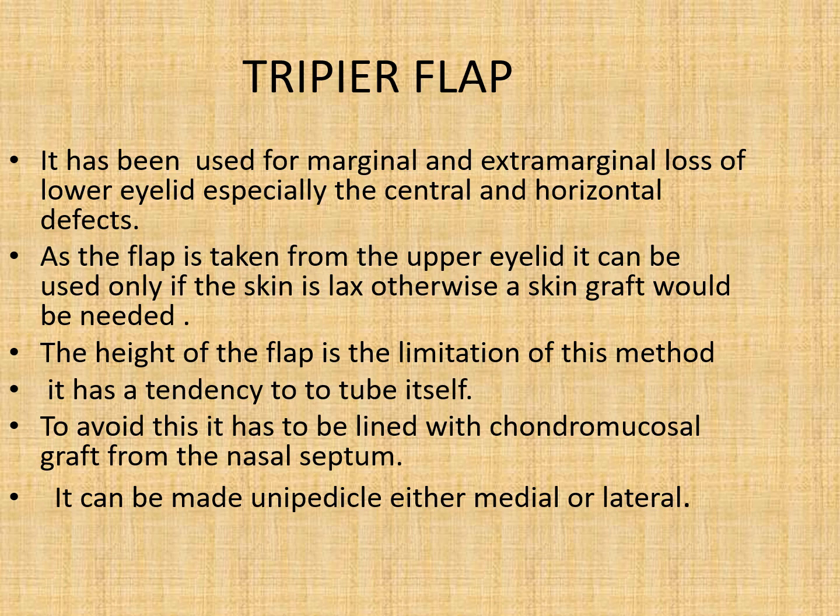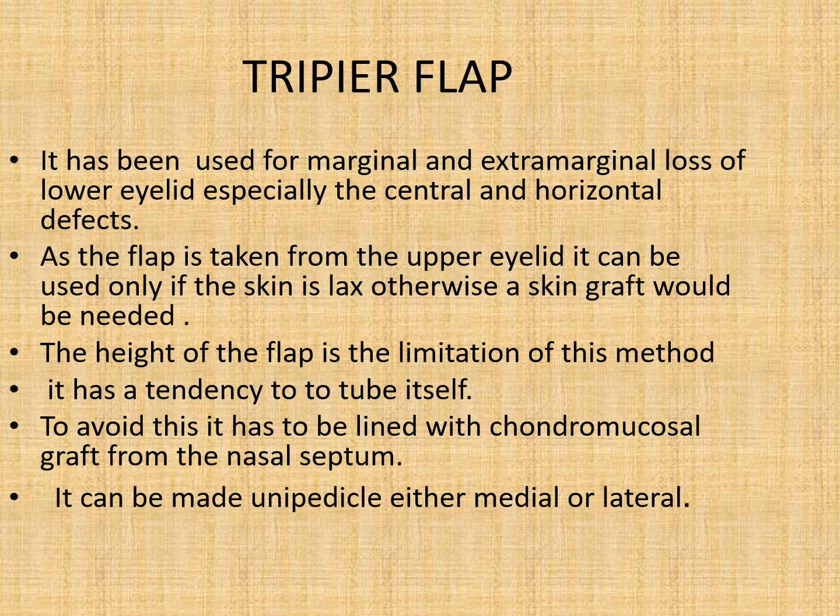It has been used for marginal and extramarginal loss of the lower eyelid, especially central and horizontal defects. As the flap is taken from the upper eyelid, it can be used only if skin is lax, otherwise a skin graft would be needed.